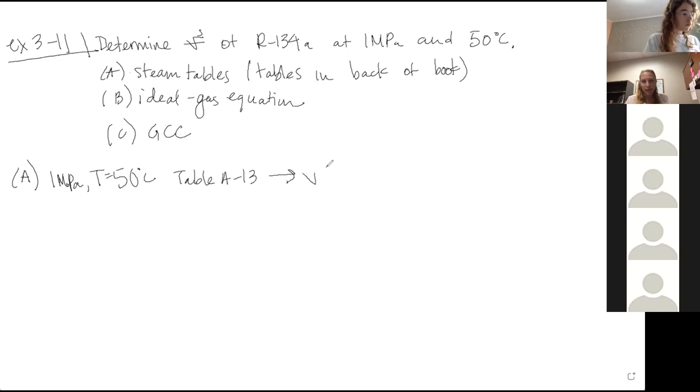We're looking for the specific volume: 0.021796 cubic meters per kilogram.